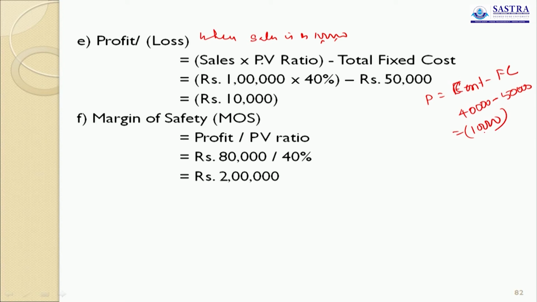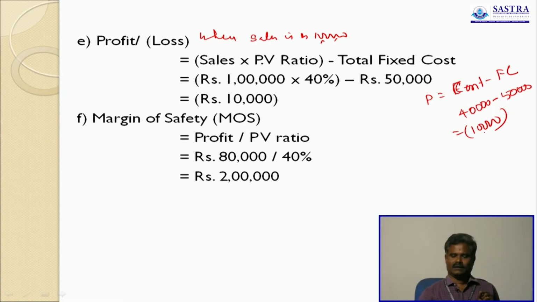So when the contribution is lower than the fixed cost, the net result is loss. So definitely the contribution should exceed the fixed cost. It is a positive indicator of the business. When the contribution is more than the fixed cost, definitely this product is a profit making product.